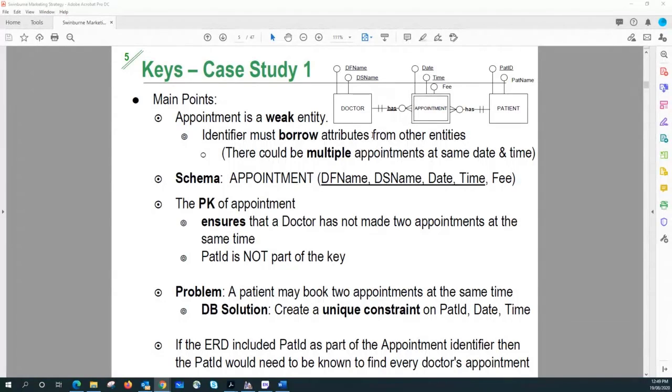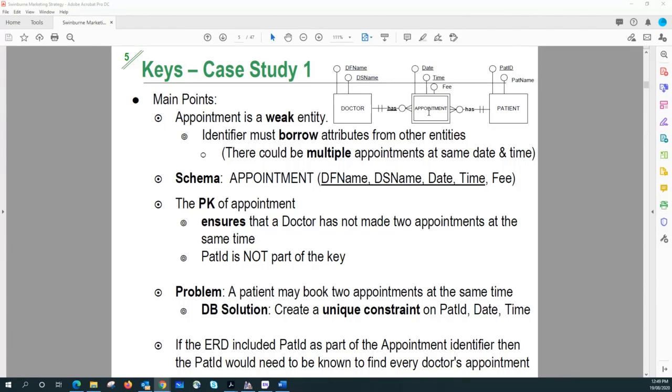In order to make a primary key for the appointment, we need to borrow attributes from other entities. So we just borrow the attributes from the doctor's entity in this case, because we don't know who the patient is at the time we make the appointment, right?